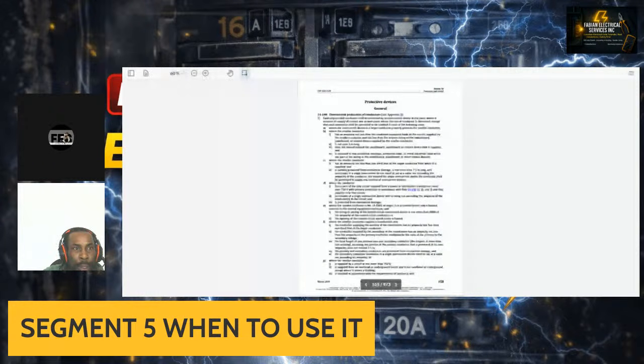Okay, so this is the part of the rule again, 14-100, overcurrent protection of conductors.